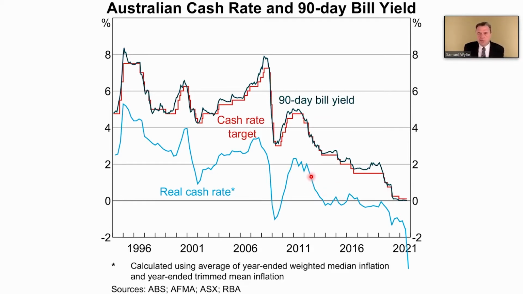Now, when I say real interest rates, what I mean is the cash rate, the rate set by the Reserve Bank. Don't worry about the 90-day bank bill swap rate here. That's the black line. It's the red line that we're interested in, the cash rate that we were looking at just a moment ago. Now, if we take the cash rate and subtract out inflation, that's the real interest rate. Real in the sense of the return that you're getting: how much stuff can you buy?